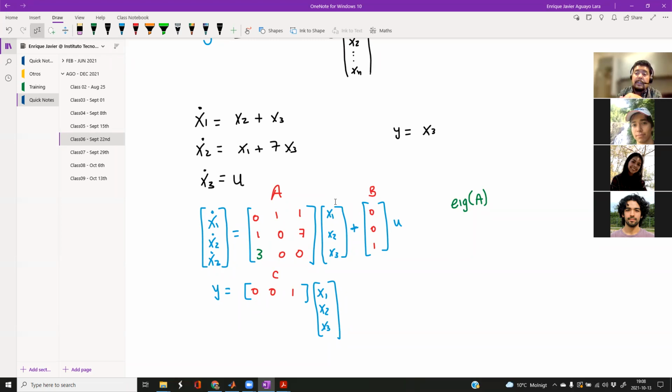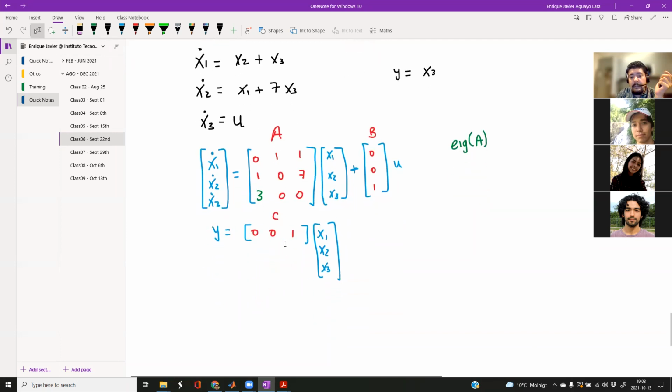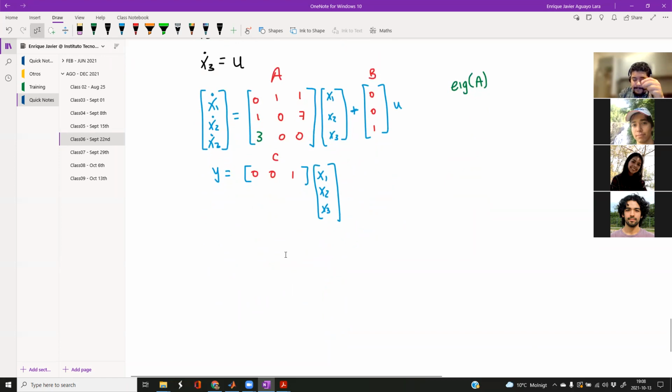But we can also make an implementation of this particular transfer function. Something that you should know is that there exists an infinite amount of state space representations for each transfer function.